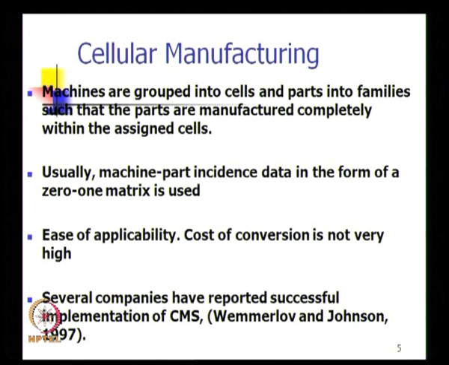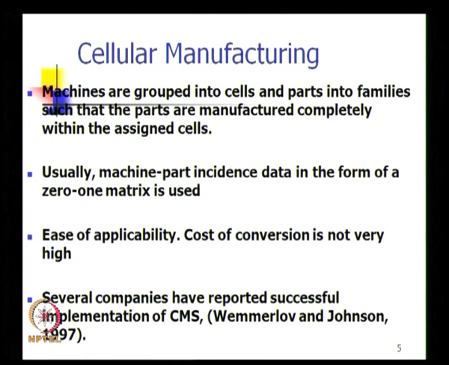So, the machines are grouped into cells, parts are grouped into families, and once a part family is assigned to a machine cell, the machine cells are created in such a manner that all the machines required to make every part in the part family are available in the machine cell.